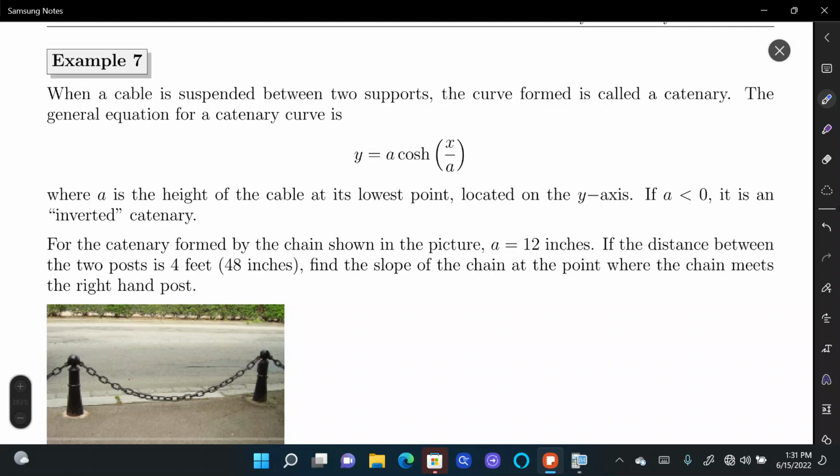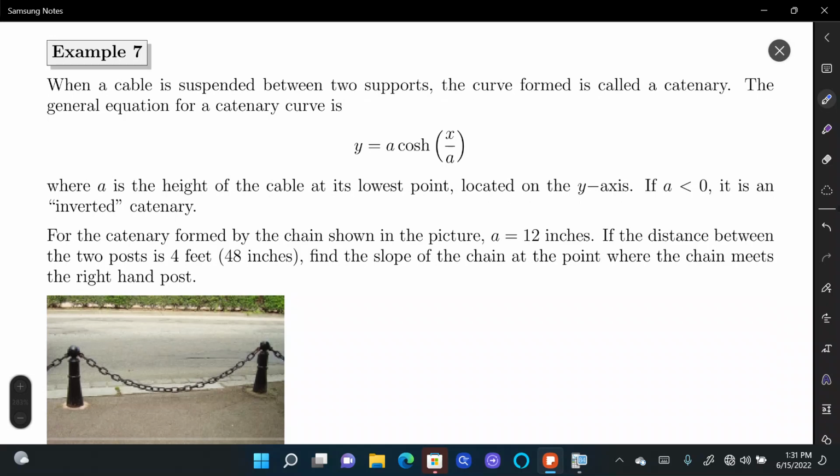But the ones that we use for bridges and chains in civil engineering and design use the cosh function, and they usually call them catenaries. That comes from the Latin root for the word for chain, and hanging in there.